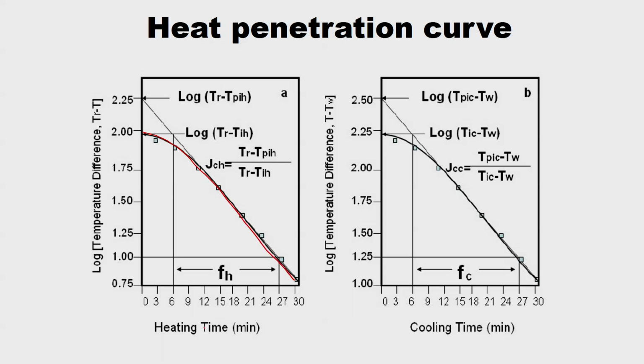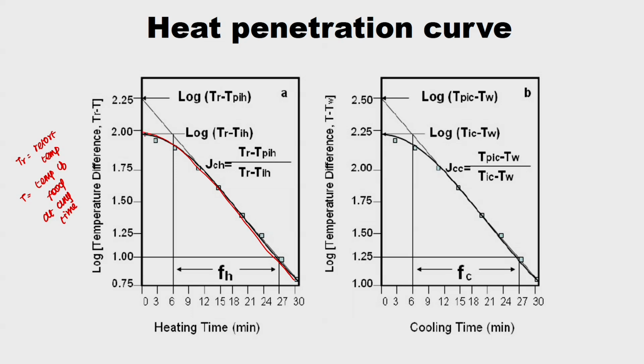Right. So, this is heating time in minutes versus log of temperature difference, TR minus T. TR is nothing but the retort temperature, and T is the temperature of the food at any time. There are certain things we need to understand.